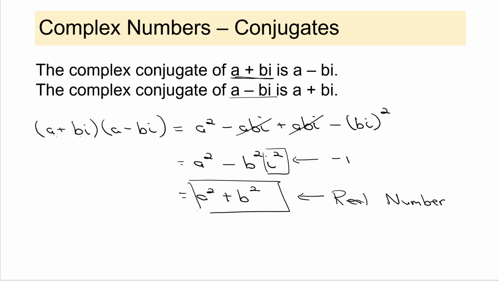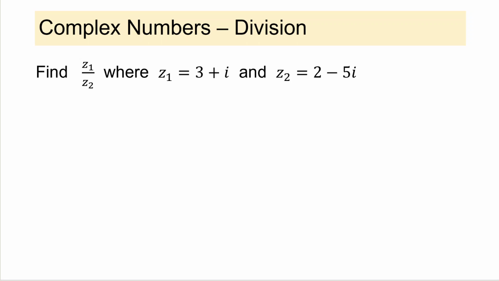Okay. Now, we're going to make use of this concept when we go to do division. So if I want to divide two complex numbers in rectangular form, z1 over z2 equals 3 plus i over 2 minus 5i.